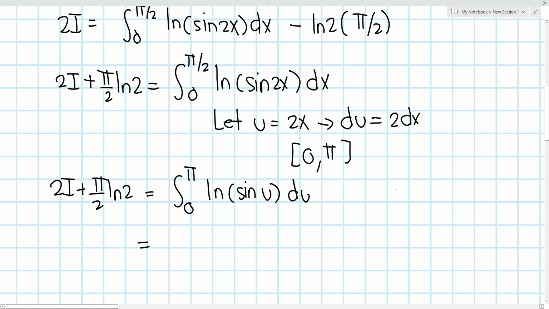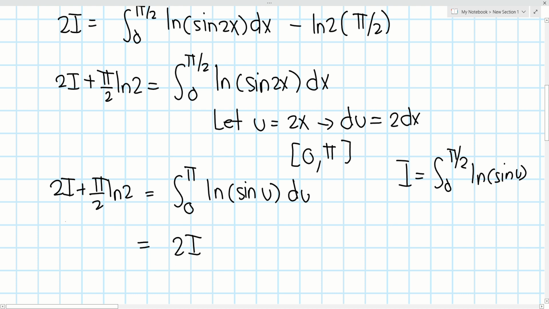Our I was the integral from 0 to pi over 2 of ln of sine u. We know sine is symmetric. By the same reasoning, we can just say that this whole thing is basically 2I.